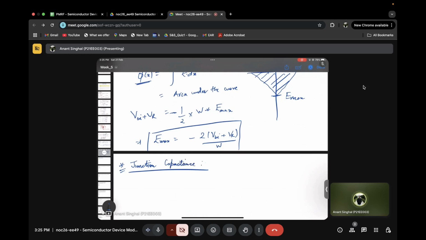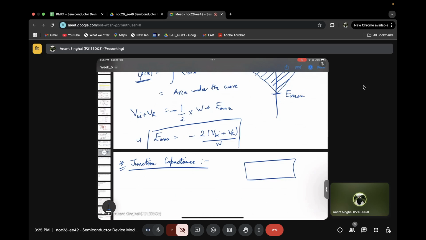So what is the very basic formula of junction capacitance, or the capacitance? Yeah, that is dQ by dV. Or since we are talking about a junction which has a certain depletion width, this is the basic formula that we studied.